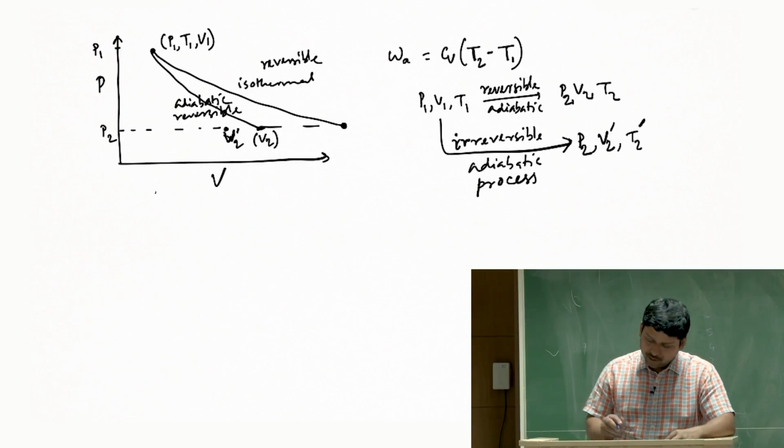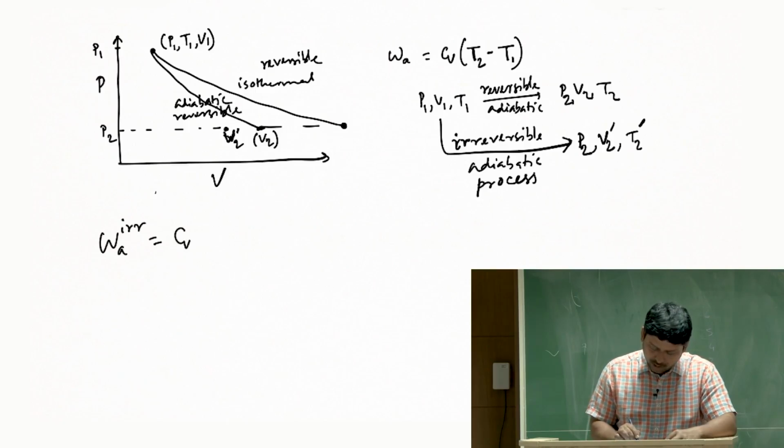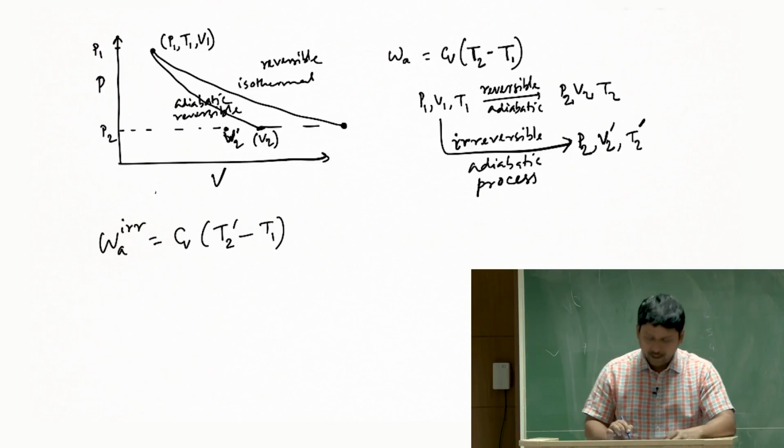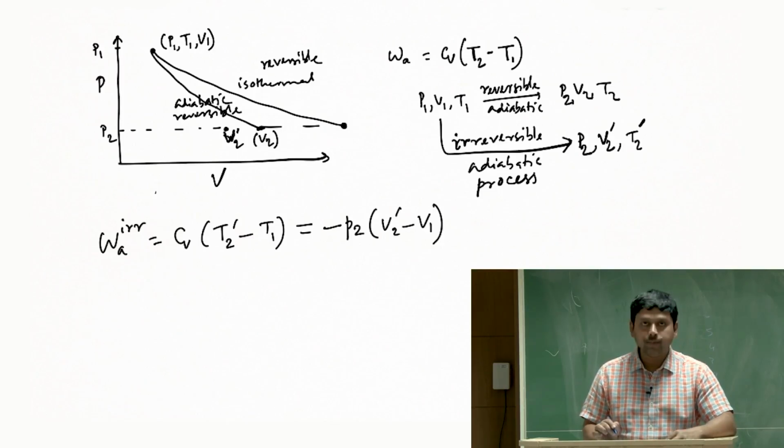Okay. So, let us first start with the calculation of adiabatic work done. The adiabatic irreversible work done will be Cv (T2 prime minus T1), which is again of course the same as minus P2, which is the final pressure, times the volume change V2 prime minus V1.